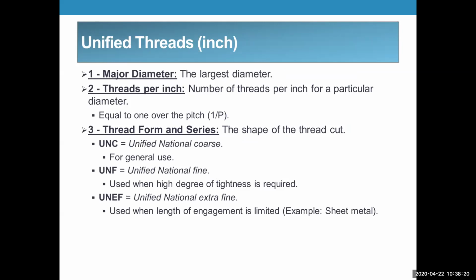So we break it down. This is what the breakdown looks like, as a list. We don't need to go through all this again, except for thread form and series, because the shape of the thread is Unified National, and then the series is coarse.